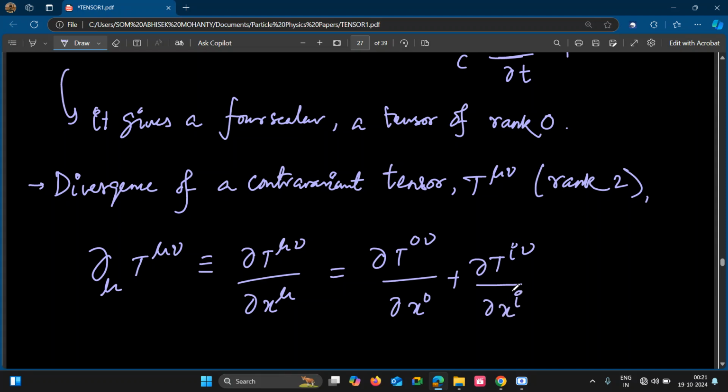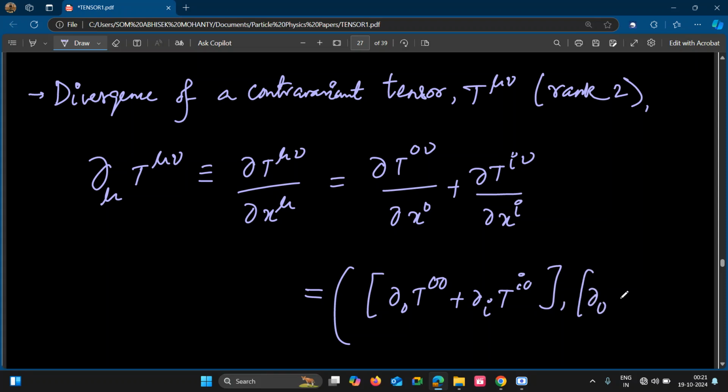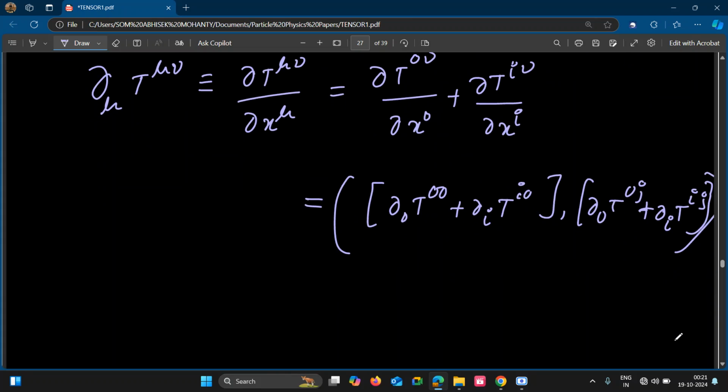Yeah, we can write this as ∂_0 T^00 plus ∂_i T^i0, and ∂_0 T^0j plus ∂_i T^ij. So we can write like this. Okay. So this again produces a contravariant 4-vector and the contravariant tensor of rank 1.